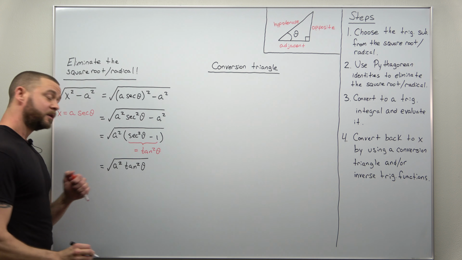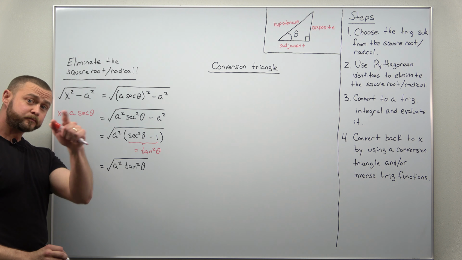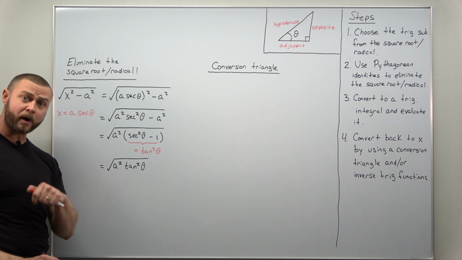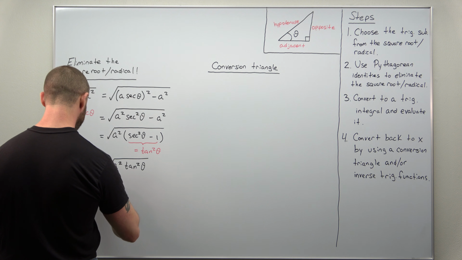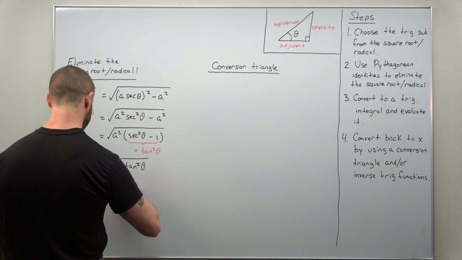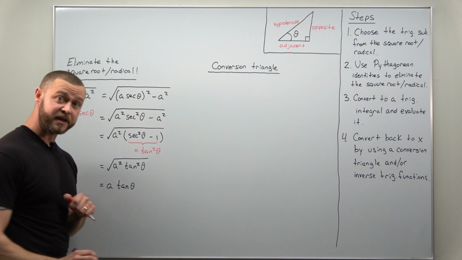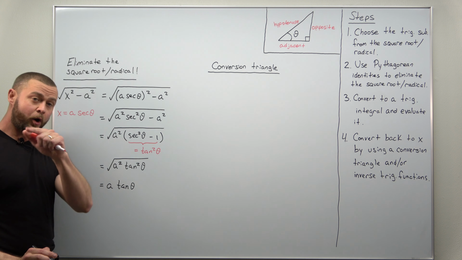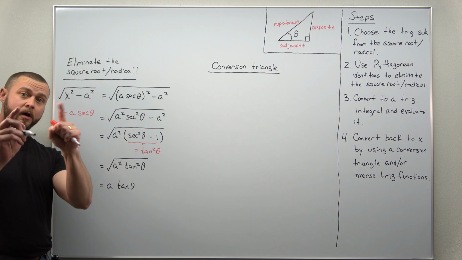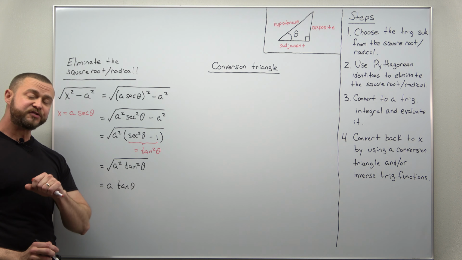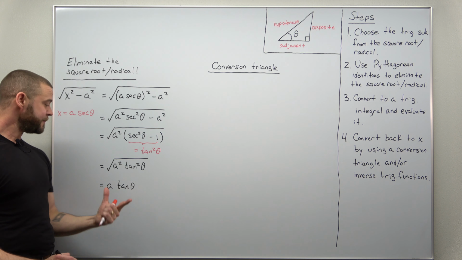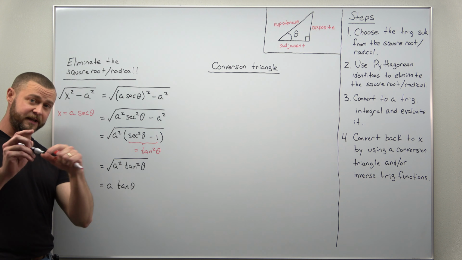And again, take the square root of each part, and you'll get the squares and square roots to cancel, leaving you with a times tangent theta. All right, again, all the work here is fairly standard. Plug in, factor a squared out, use a Pythagorean identity, and then get the square root or radical to cancel.